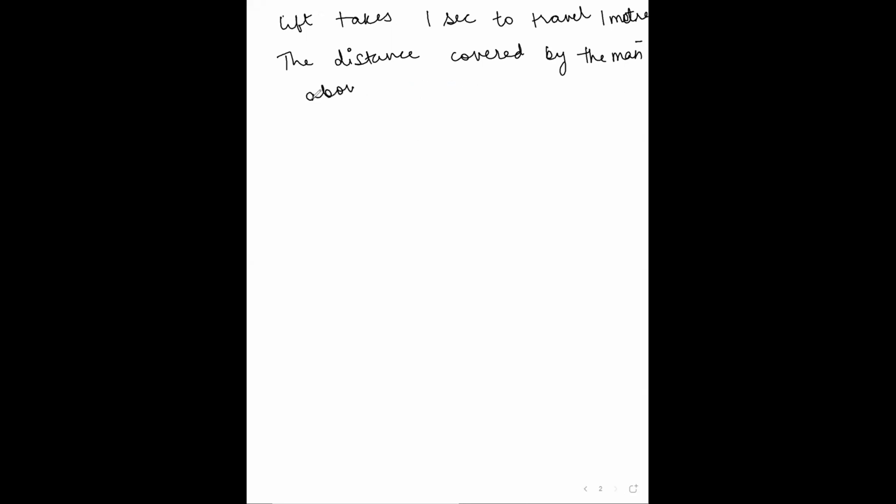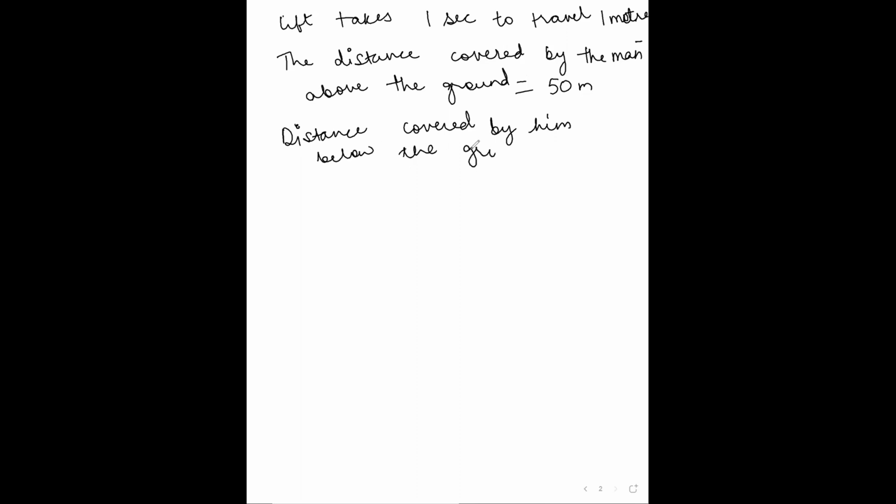The distance covered by the man above the ground is equal to 50 meters. Distance covered by him below the ground is how much, Hiba? Is equal to 10 meters.